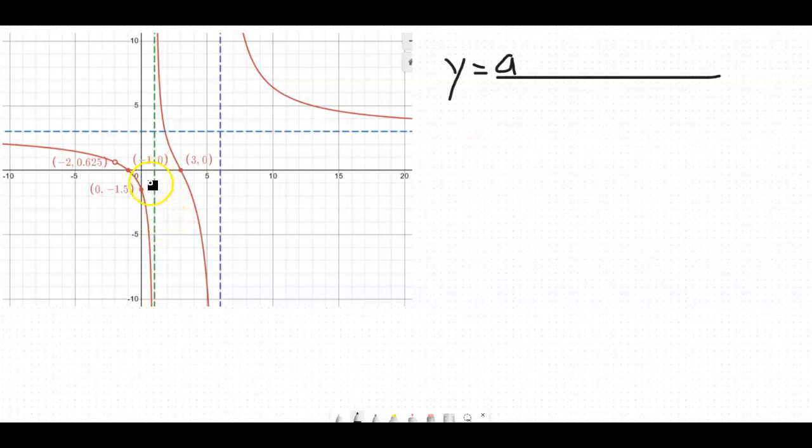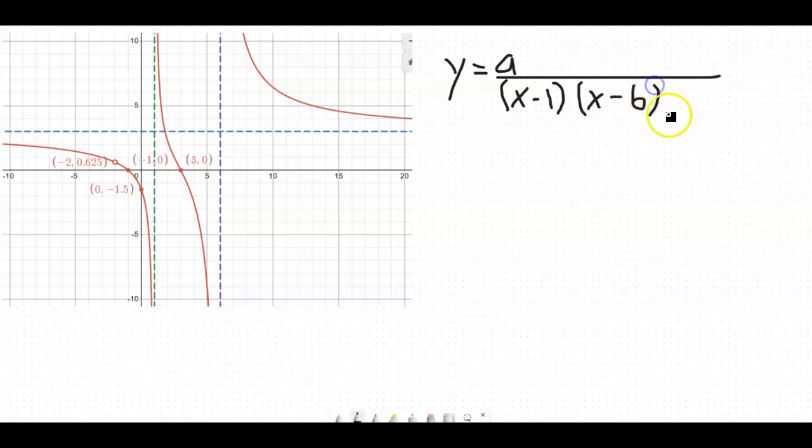It looks like we have a vertical asymptote here at x equals -1. So that would suggest that we have the factor of x plus 1 to represent that vertical asymptote. Looks like we also have a vertical asymptote here at x equals 6. So that one is going to be represented by x minus 6 as its factor.